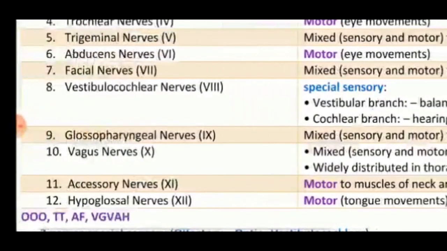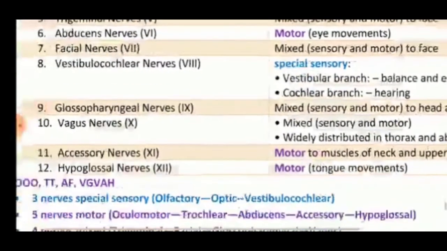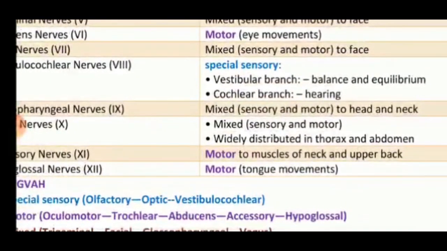Cochlear part is coming from the cochlea name, if you remember, inside the ear, so it's responsible for the hearing. Glossopharyngeal nerve is a mixed nerve, and it supplies the head and neck.